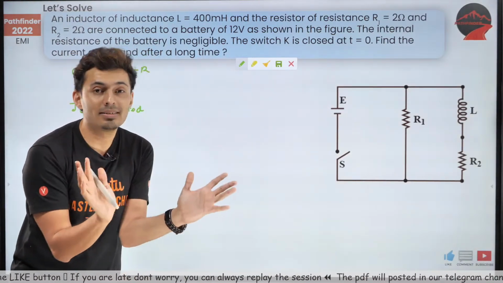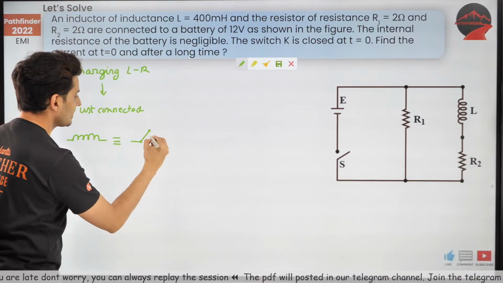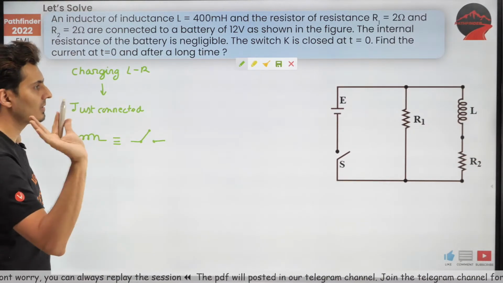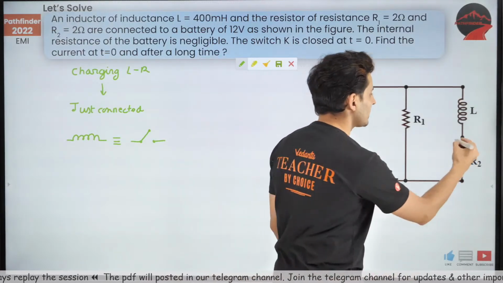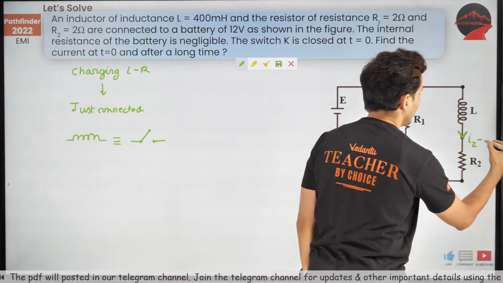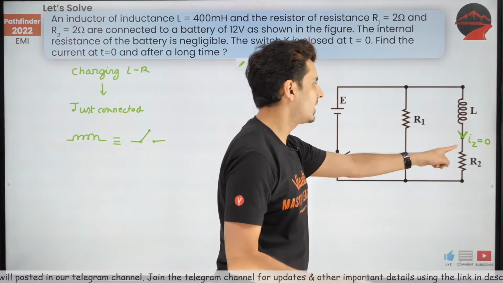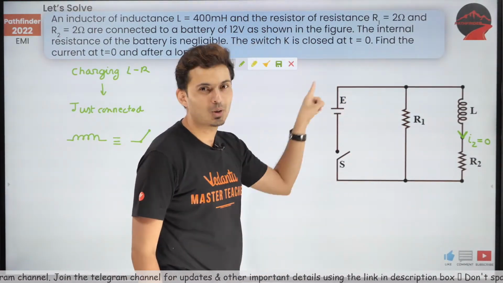It acts like an open switch. It's not a part of the circuit. So just forget the inductor. In fact, the current in this branch will be zero. There will be no current in this branch initially. But there will be current in this branch for sure.